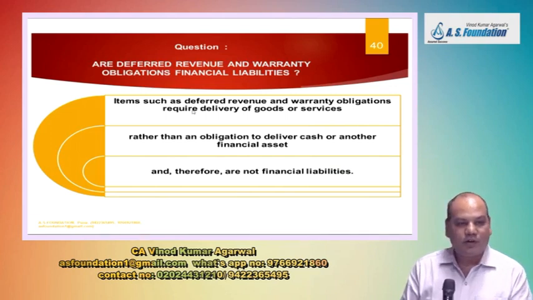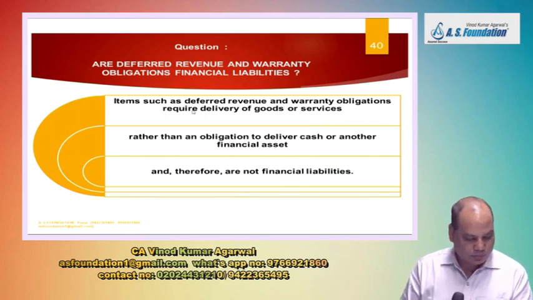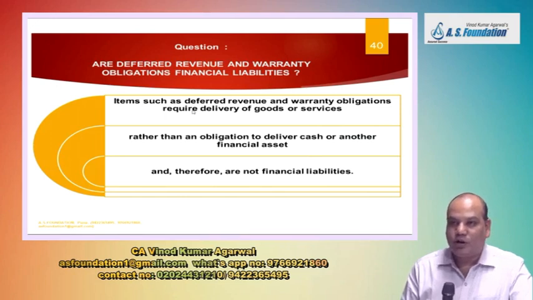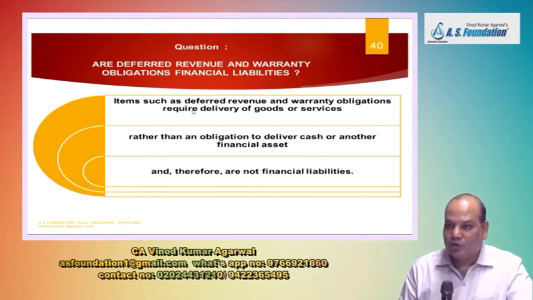Items such as deferred revenue and warranty obligations, write in one continuous sentence. Items such as deferred revenue and warranty obligations require delivery of goods or service. You have to write this.